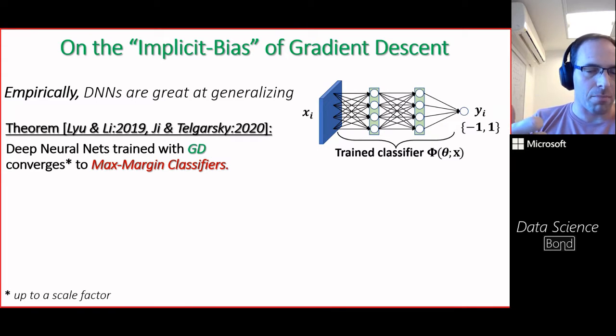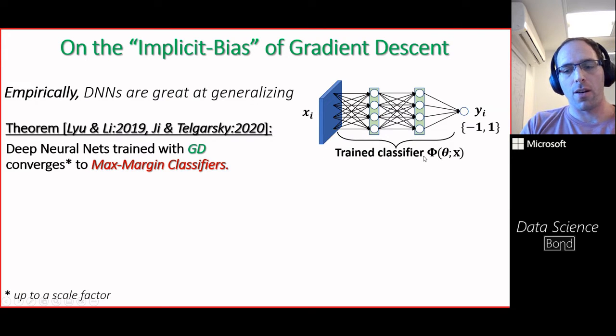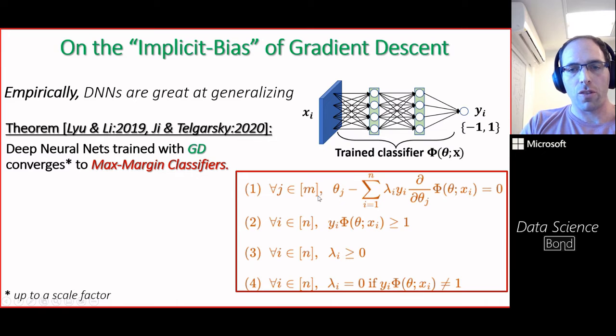Let me now rephrase it a bit more formally so we can get to the loss part. You have your trained classifier phi, and you train it with gradient descent. It is a binary classifier. It will converge to some solution which is specified by this set of equations. Don't be too afraid of this set of equations.